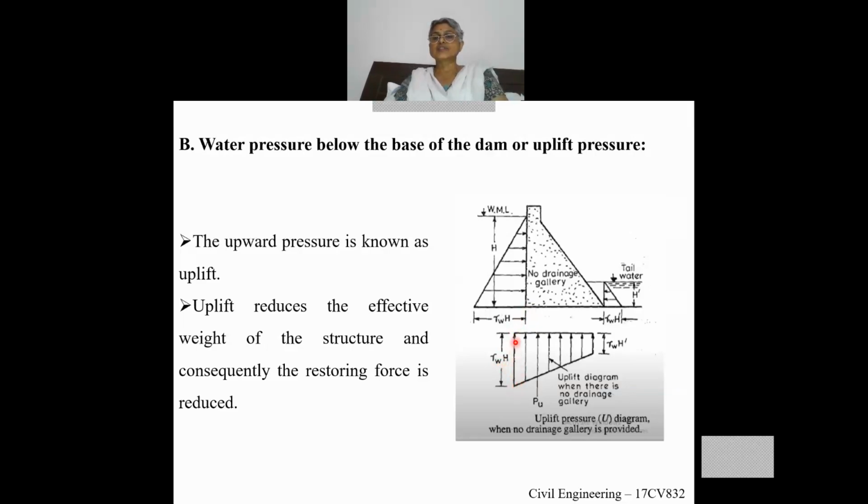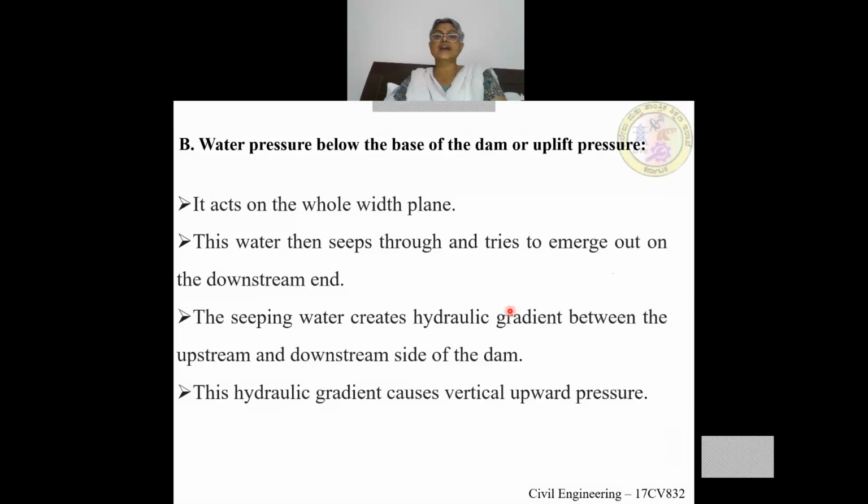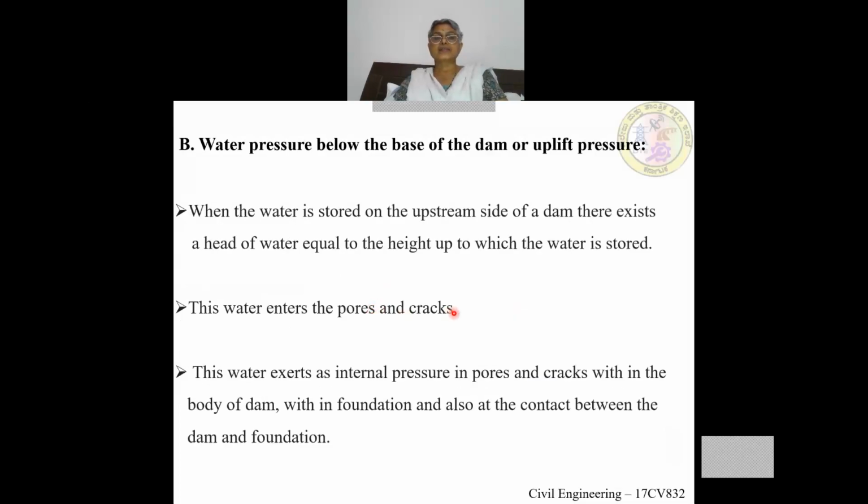This water which is present below the dam will enter the pores and cracks, and will exert internal pressure in the pores and cracks within the body of the dam, within the foundation, and also at the contact between the dam and the foundation. This will cause internal pressure which will damage the dam structure.